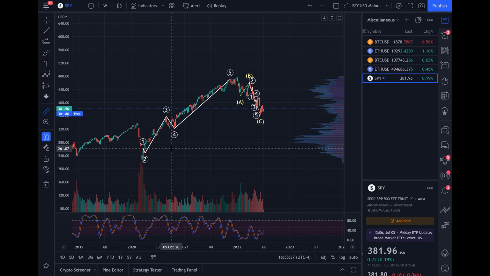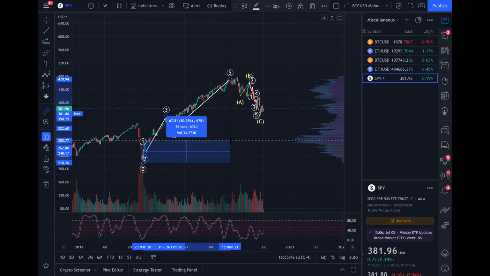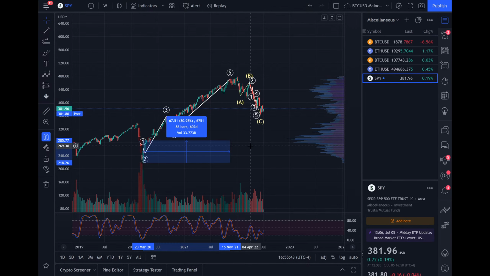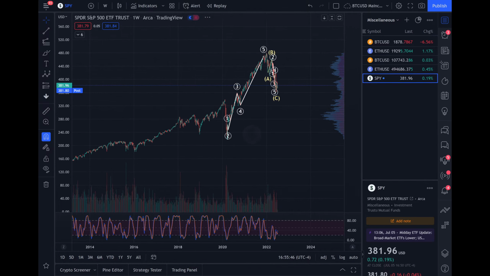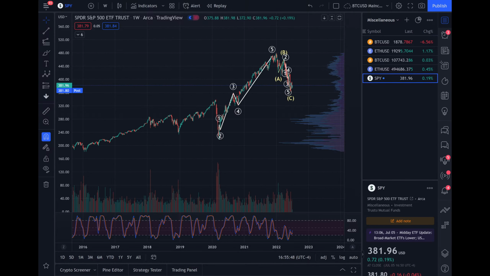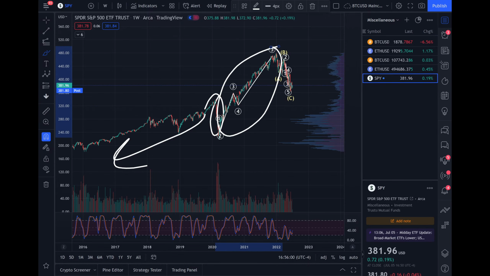Time and price, I need proportion. So if I take the time it took for this entire structure, and again, this is kind of unambiguous, I'm not even gonna do a large time frame analysis, because whatever came after here, you had a significant dump here in March of 2020, significant enough to say that this is its own thing.